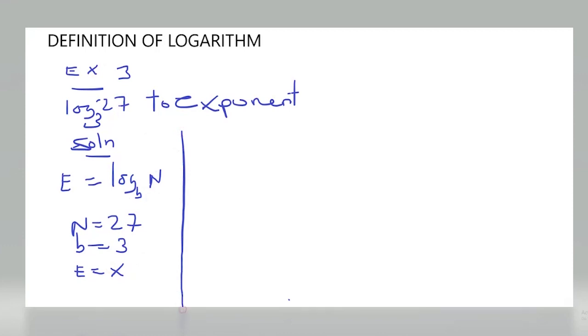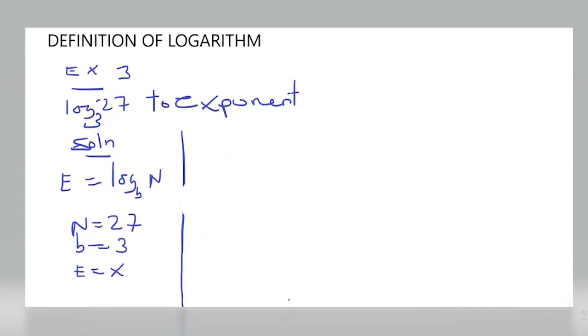Now this can be written as base 3 power exponent, equal to the number.